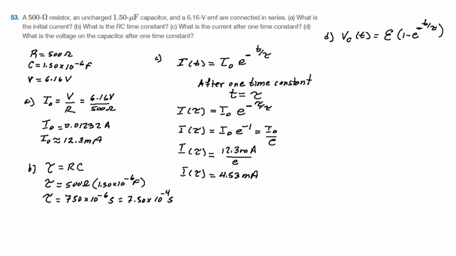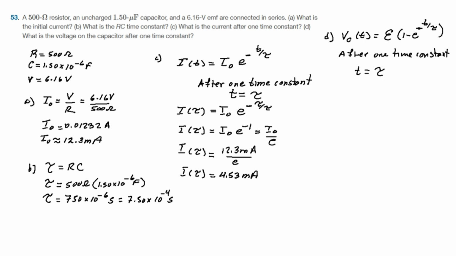Now again, the voltage after one time constant, we know we have 62.3% of the initial voltage, right? So t is equal to tau.